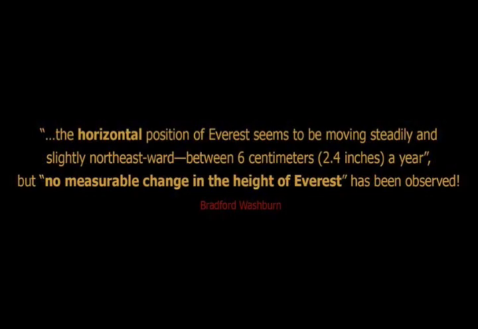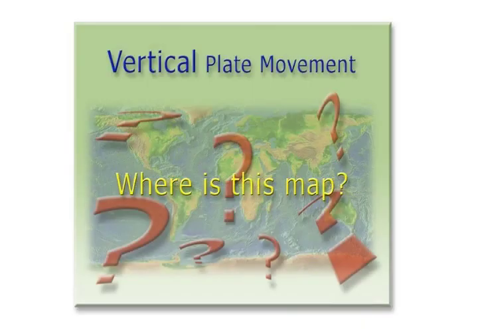Okay, the horizontal position of Everest seems to be moving steadily and slightly northeastward, about 6 centimeters, 2.4 inches a year, but no measurable change in the height has been measured. So, I mean, this is the tallest mountain on the earth, and we're not measuring any movement in height. No change. So where's the map?